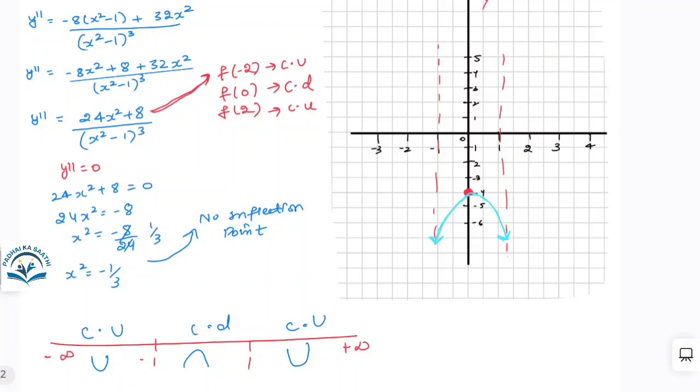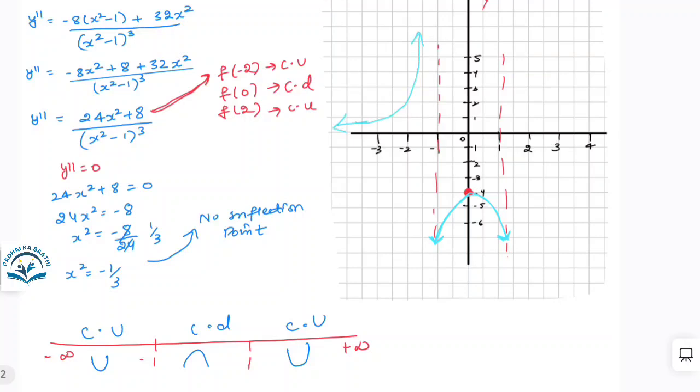So you have to plot this on the graph. From minus 1 to minus infinity, from this point there is concave up. So the up will be like this. Taking another color, it will be something like this.